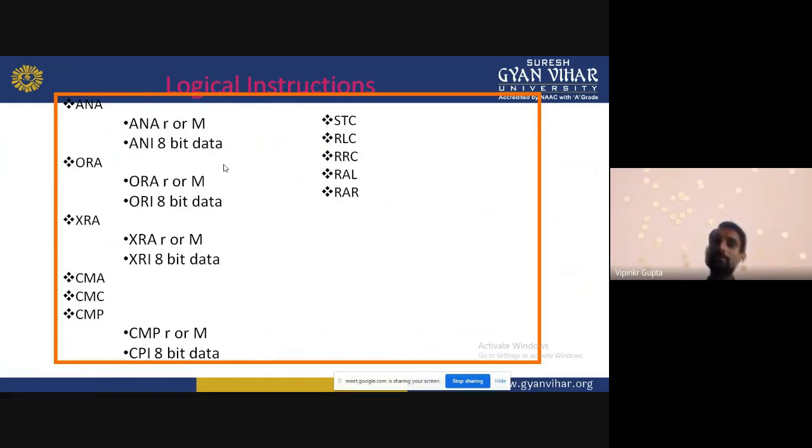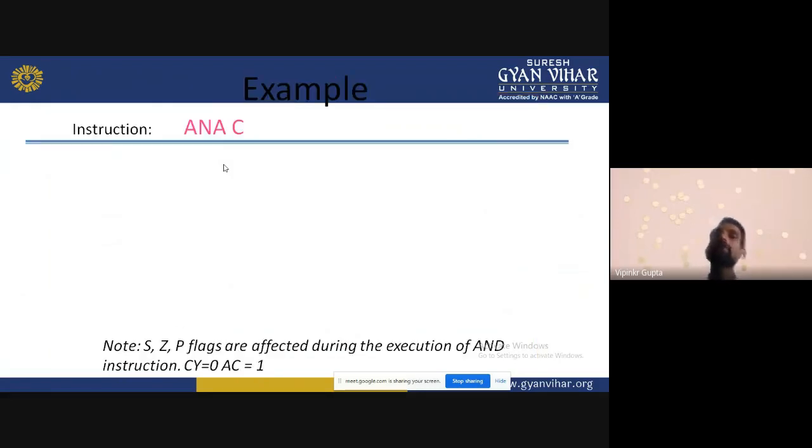Accumulator AND with register or memory. Now AND with immediate, OR operation, XOR operation, complement, compare. So compare are the two types: compare R or M, or compare immediate. So like that we can do one by one example.